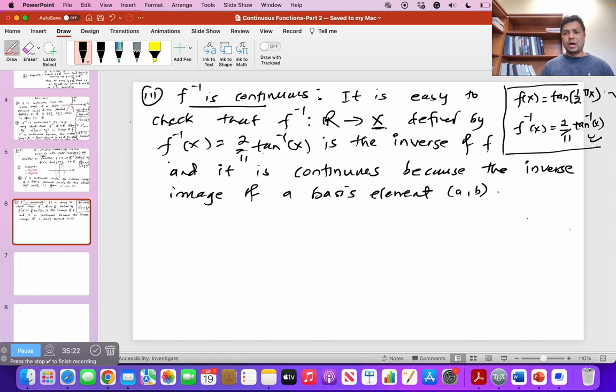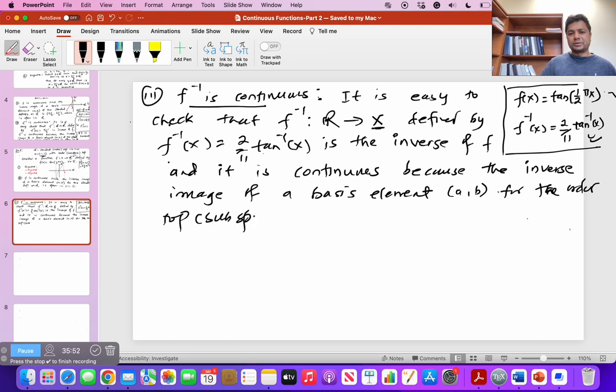If you have order topology, and the set does not have both a least and greatest element, then the basis elements are simply the open intervals.